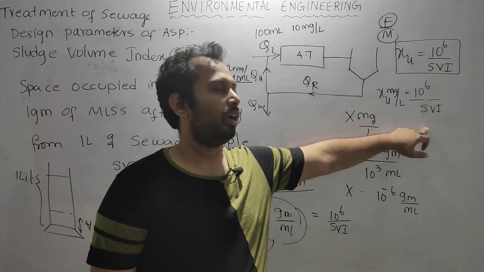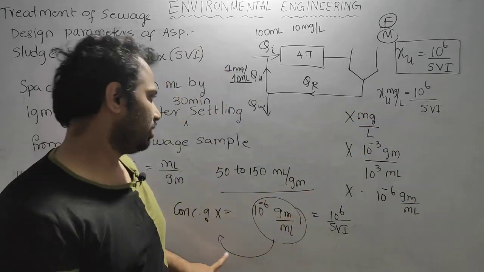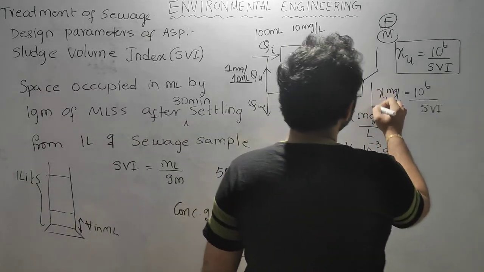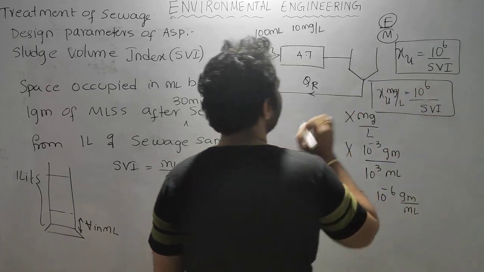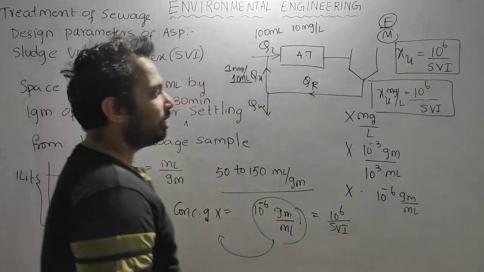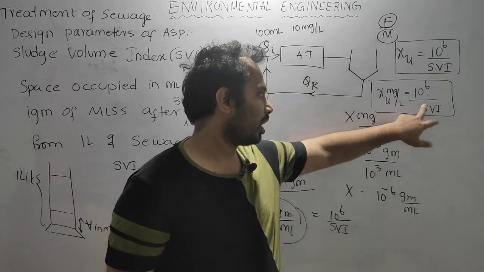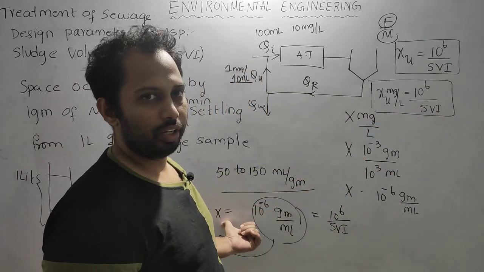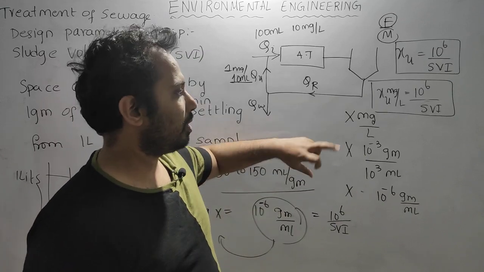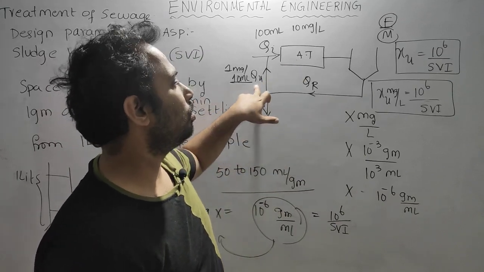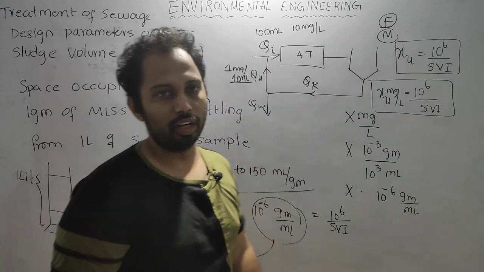Using the sludge volume index, we are equating XU and X. How much XU is needed, you will understand from the sludge volume index, which you calculate from the concentration of MLSS. So to establish a relationship between X and XU, we need the SVI, sludge volume index.